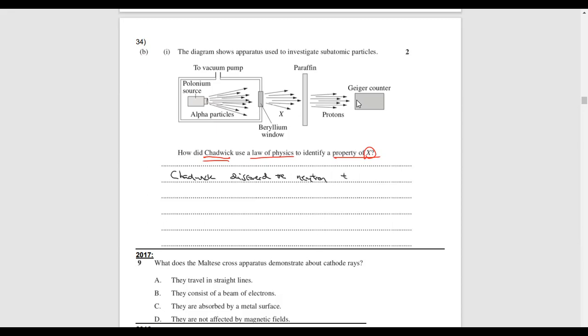Well, through calculations of the momentum of the alpha particle, the unknown particle, X, and the protons, by assuming, and you have to say this, conservation of momentum, right?